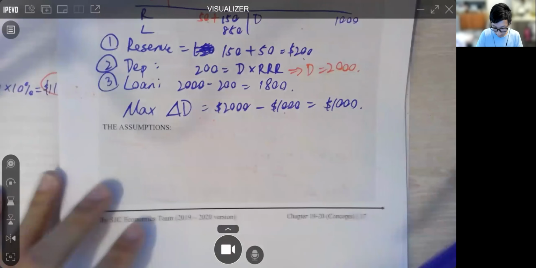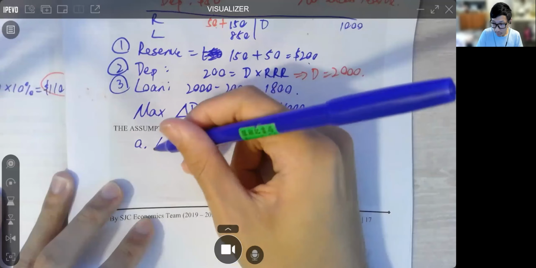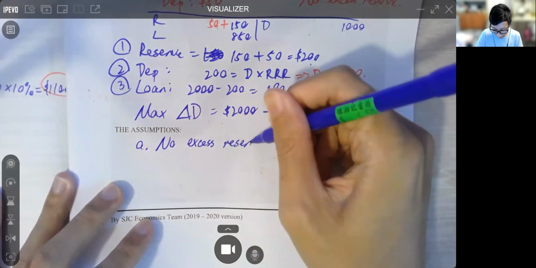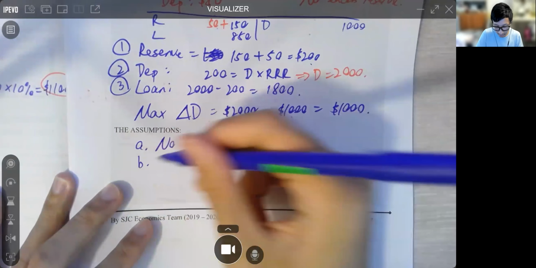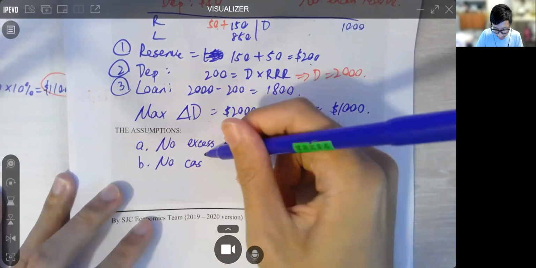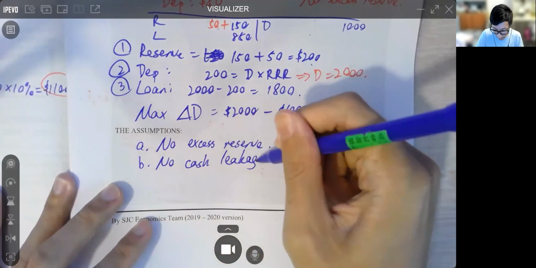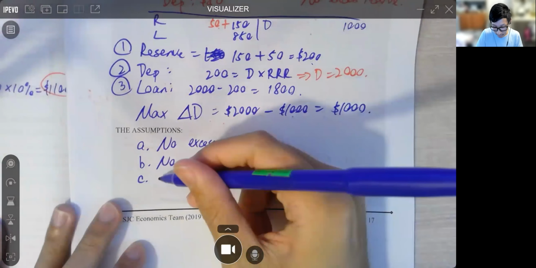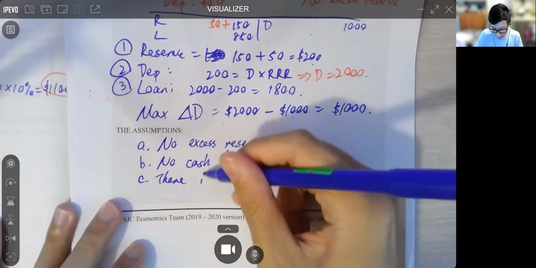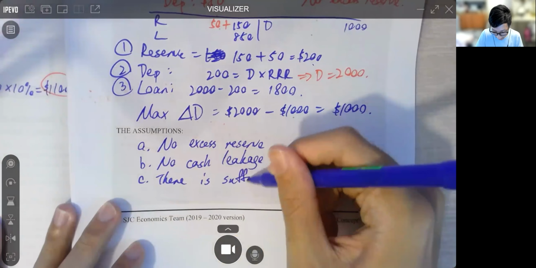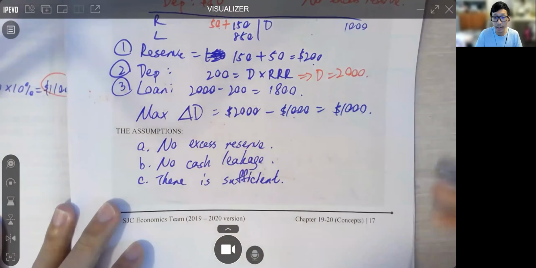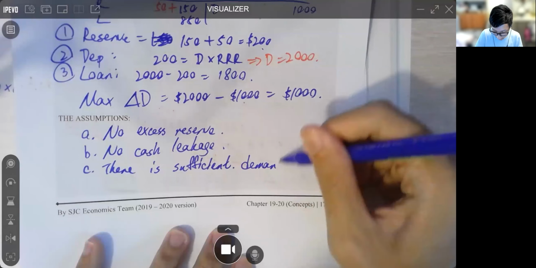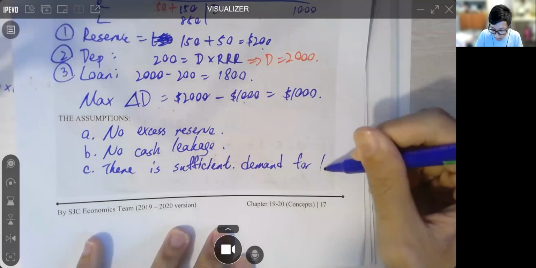The assumptions. No excess reserve. Second, no cash leakage. All money will be put back into the bank. And C, there is sufficient demand for loan.